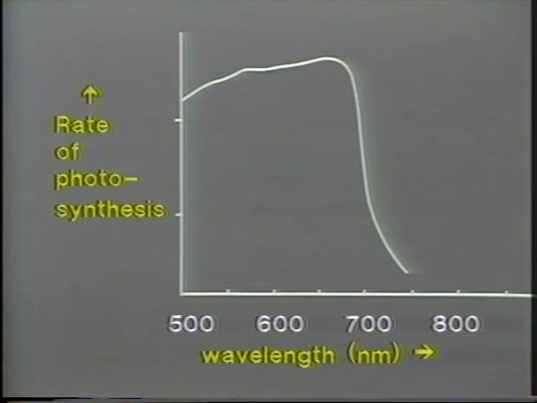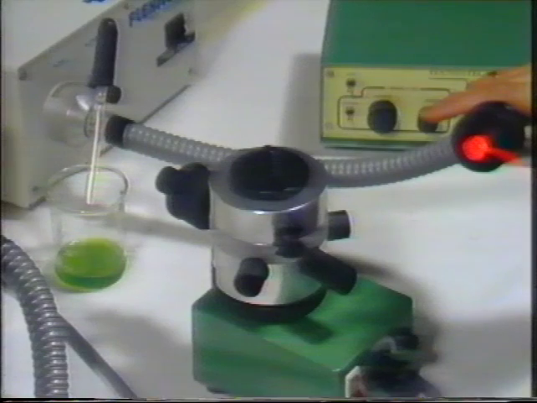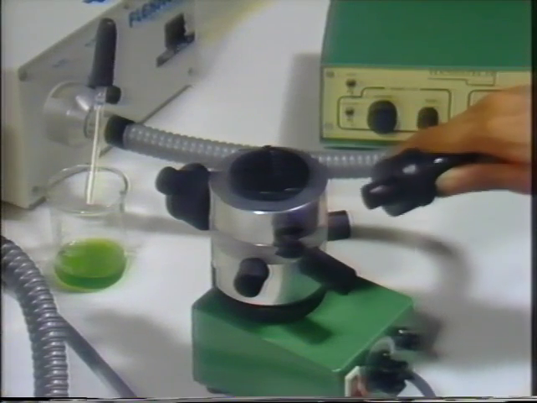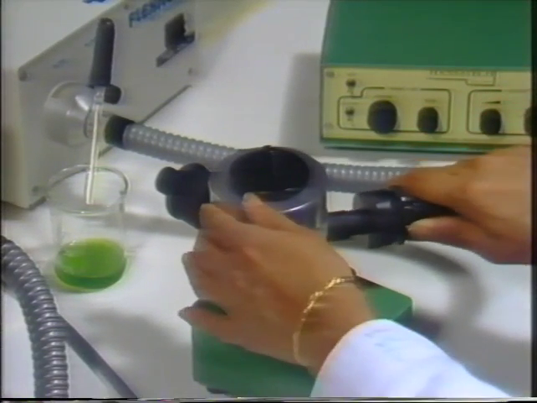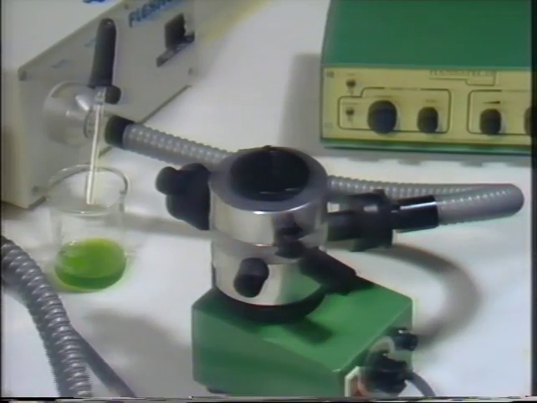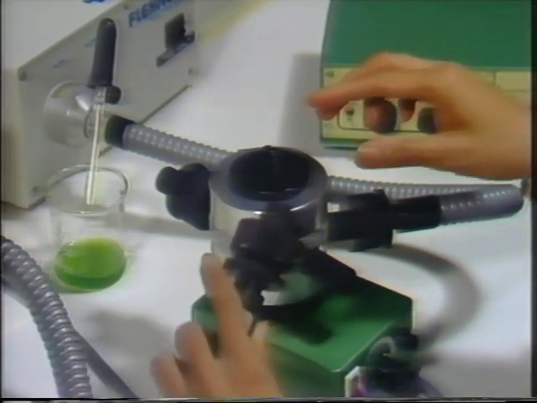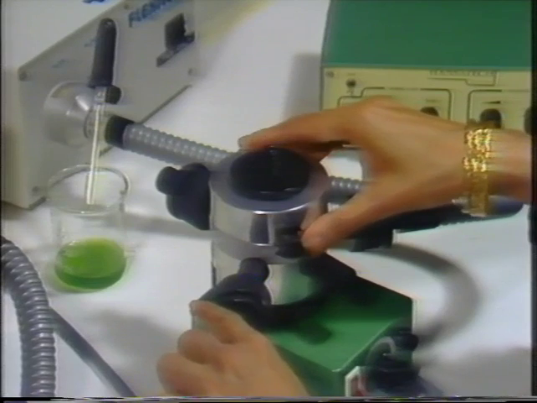The dramatic drop in photosynthetic activity when the far red light alone is used, that's the light with a wavelength of 700 nanometers, is known as the red drop. What's happening is that the far red light alone excites only one of the two photosystems, the one involved in reducing the coenzyme, and this can't function without the other system.